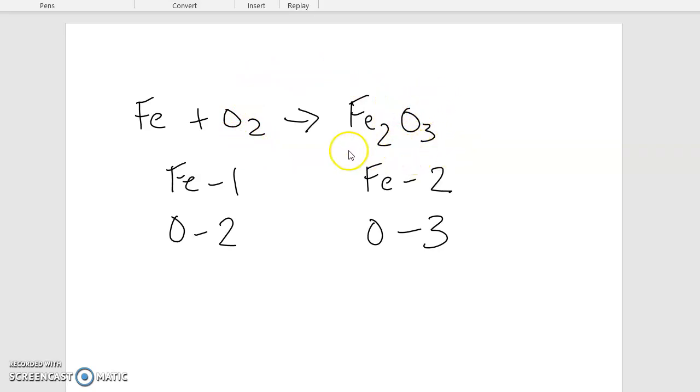So we're going to try a 2 here, because that will make our oxygen even, and we need our oxygen to be even in order to balance it.